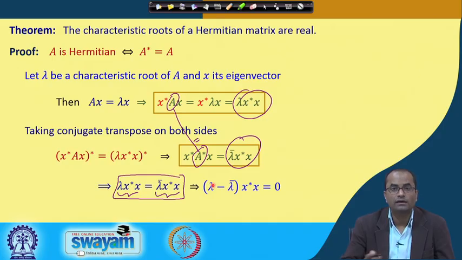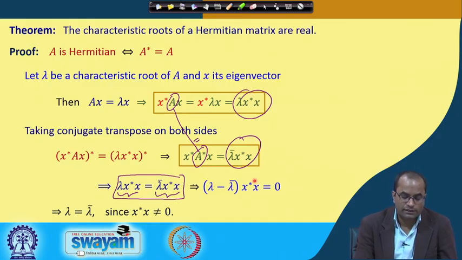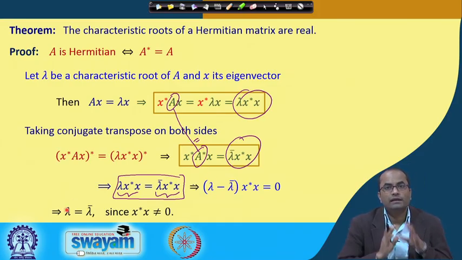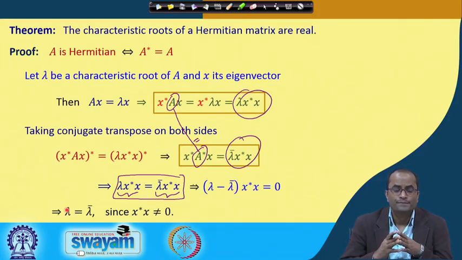So lambda must be equal to lambda bar, because this quantity cannot be 0, so the other factor has to be 0. What we have seen is that lambda is equal to lambda bar, and that is what we want to see, that the lambdas are real. So, if lambda is the eigenvalue of a Hermitian matrix, then lambda is equal to lambda bar, meaning it is a real number, it cannot be a complex number.